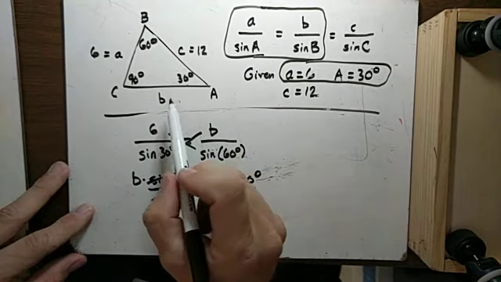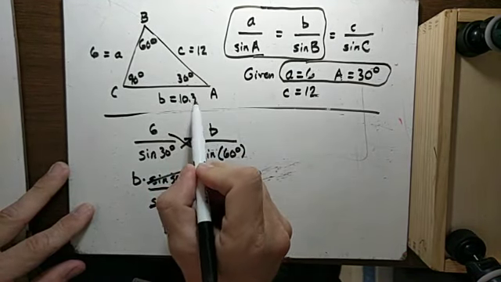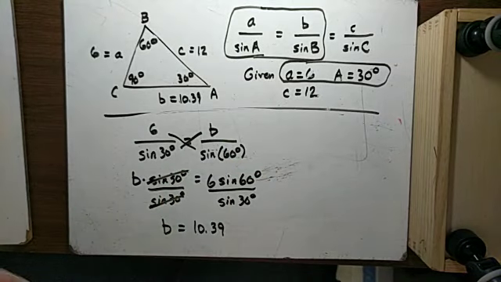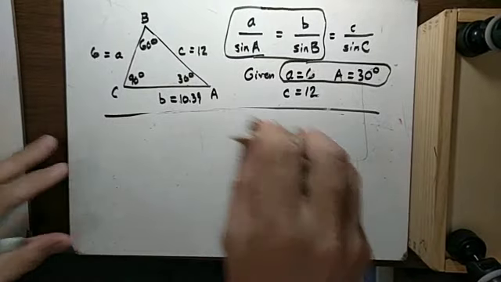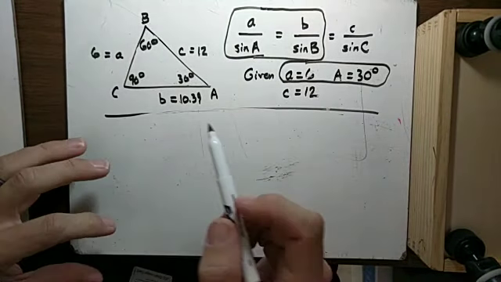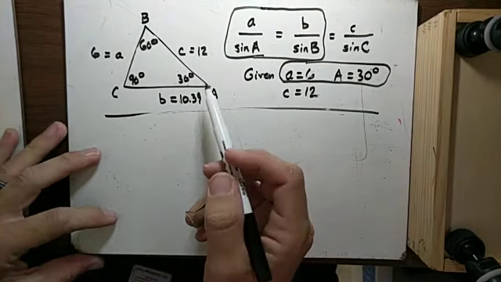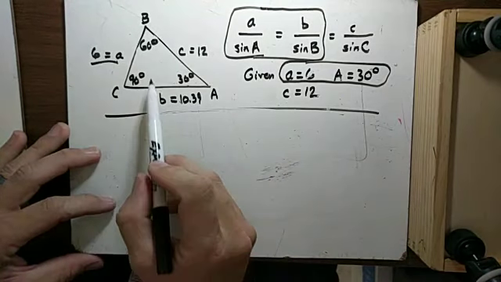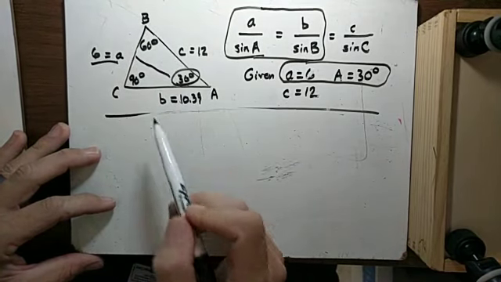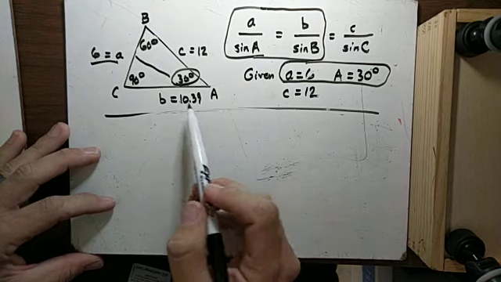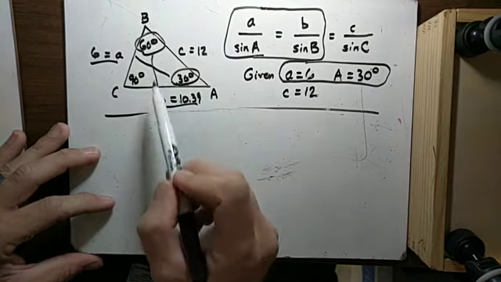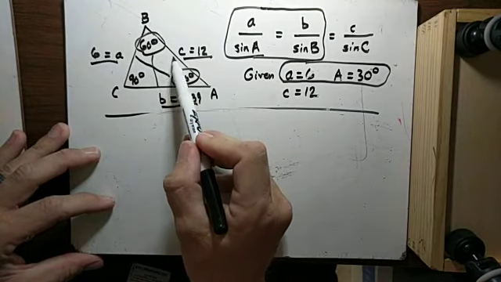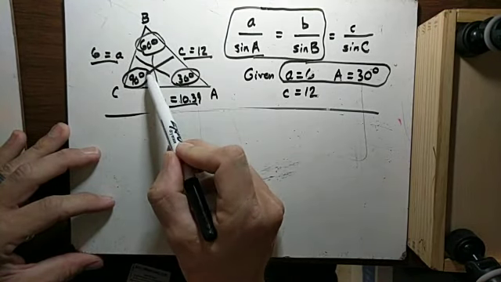Now, when we're done solving a triangle, you want to take a look at this triangle and make sure that it makes sense. What do I mean by that? Well, making sense means that the shortest side is opposite the smallest angle, the middle side is opposite the middle angle, and of course the longest side is opposite the largest angle.